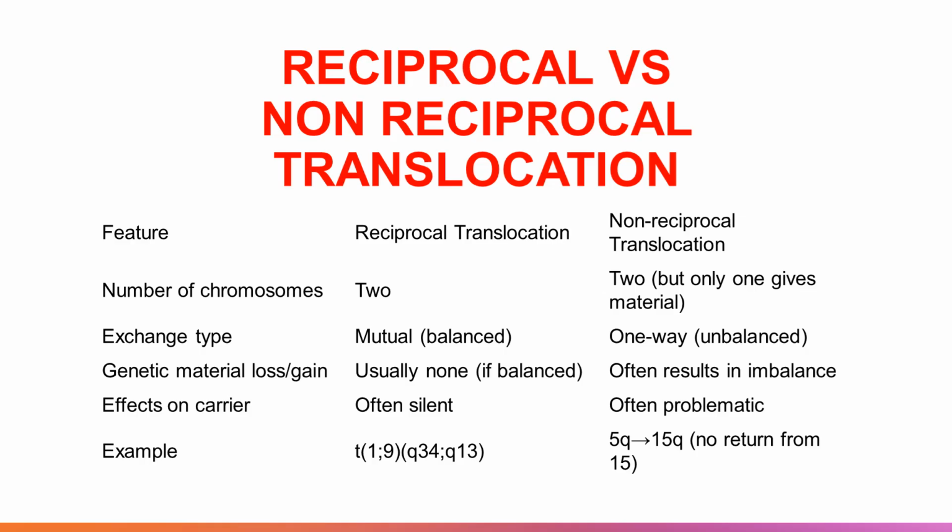Number of chromosomes: 2 for reciprocal; 2, but only one gives material, for non-reciprocal. Exchange type: mutual, balanced; one way, unbalanced. Genetic material loss/gain: usually none if balanced; often results in imbalance.